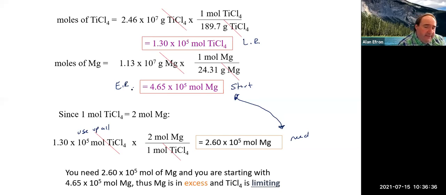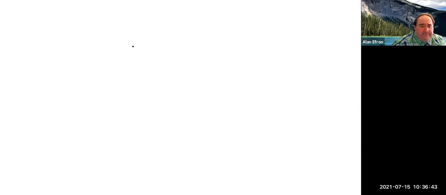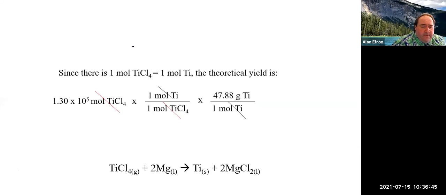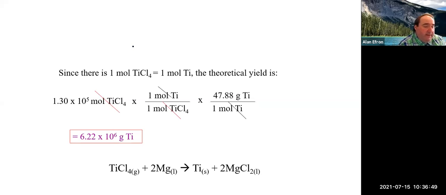What we're then going to do is go back here and do a calculation using our limiting reagent to our product. And you can see, again, we end up with the same number there, 6.22 times 10 to the 6 grams as our theoretical yield.